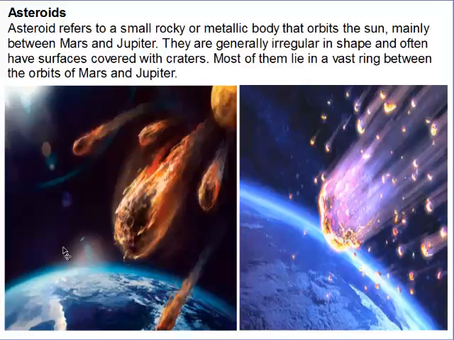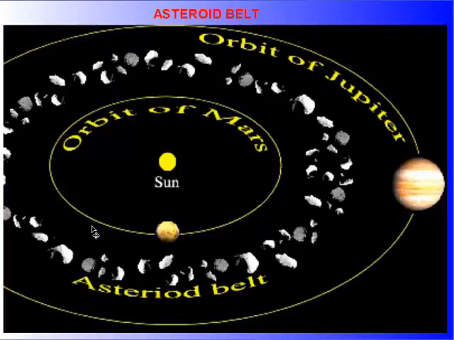So this is an example of an asteroid, and you could see the craters that I was talking about. That small hole here, yes, these are all asteroids, and most of them are found in the middle of Mars and Jupiter.